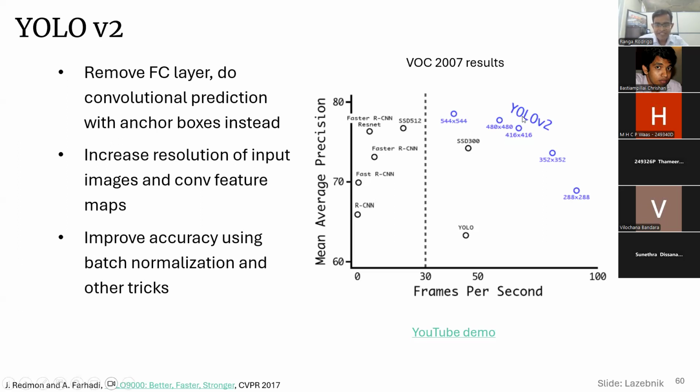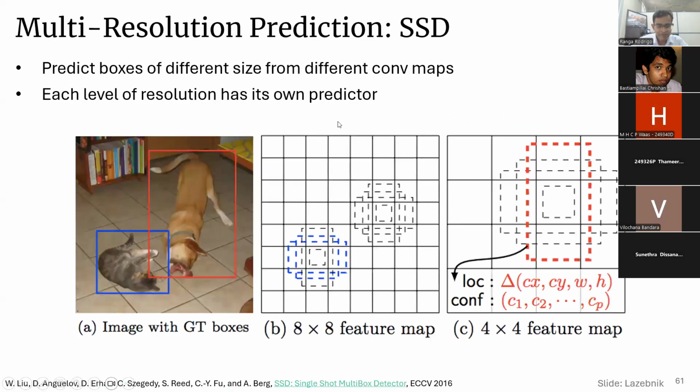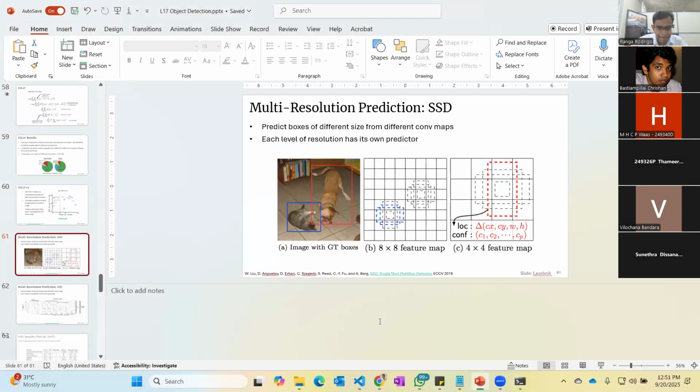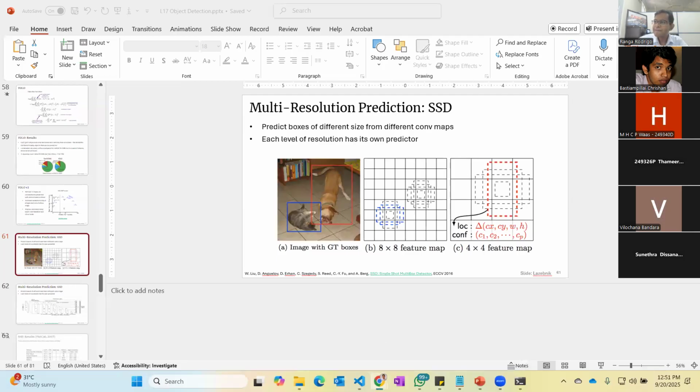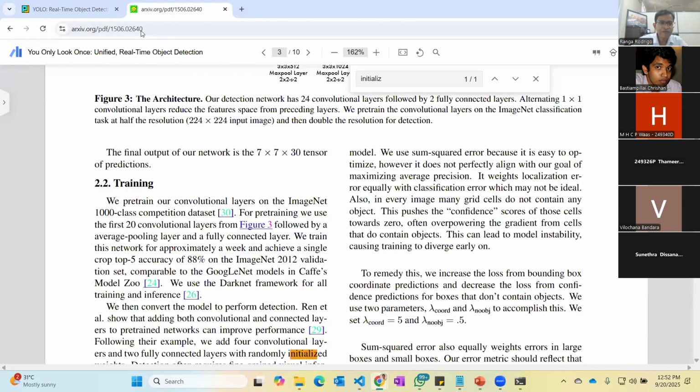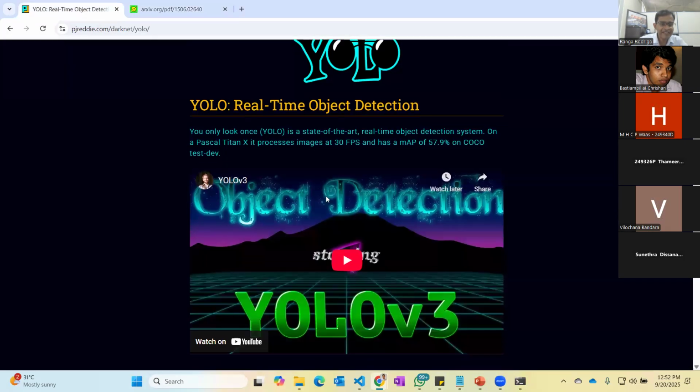You can see YOLO V2, the performance in frames a second and so on, is much better than YOLO, especially regarding the accuracy, much larger accuracy. Up to YOLO V3 also, the original authors did that, I think.